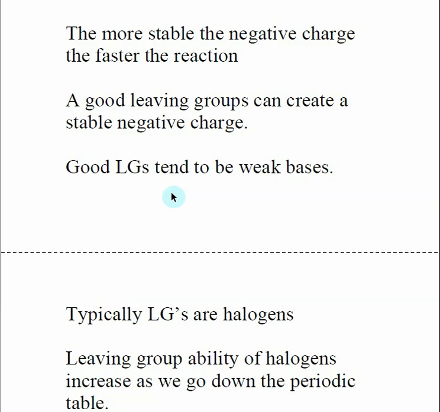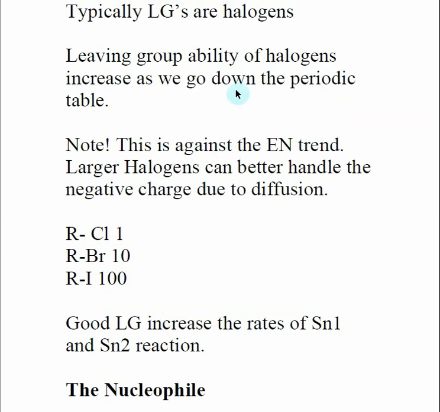The more stable the negative charge, the better the leaving group is going to be. For right now, don't worry about that so much because we're dealing with halogens. But later on, when we start looking at other types of leaving groups, this is going to be an important idea. So for right now, most leaving groups are halogens.